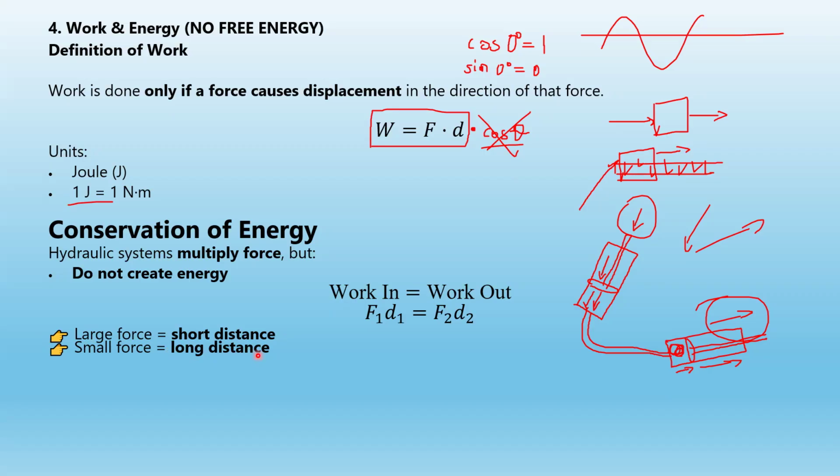What does that mean? Here's a tiny cylinder with fluid in it, and there is a thicker cylinder here, and they're connected with hose or piping. In order to displace a certain volume of the liquid, you're going to push that piston a certain distance, let's say from here to here.